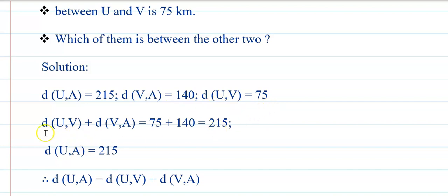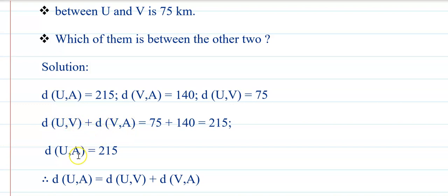If we add these two distances, distance UV plus distance VA, that is equal to 75 plus 140, which is equal to 215. And here, which point is common for distance UV and distance VA? Point V is common.